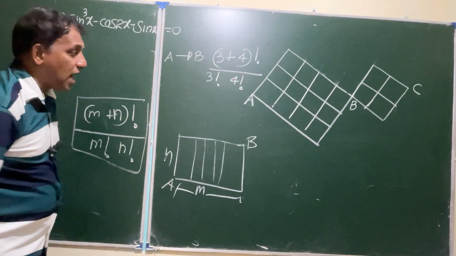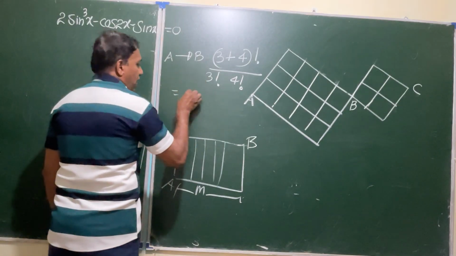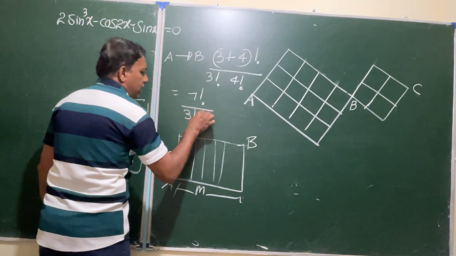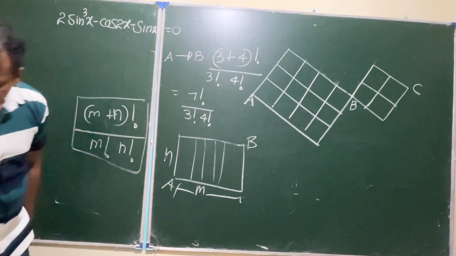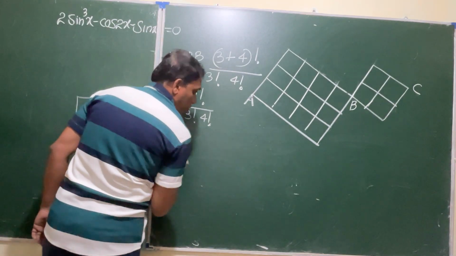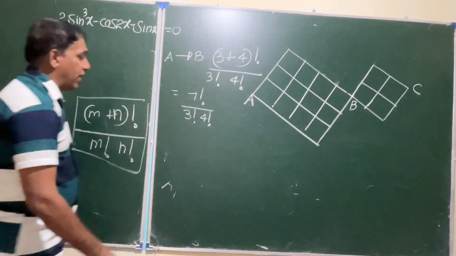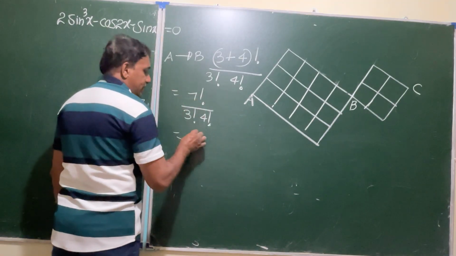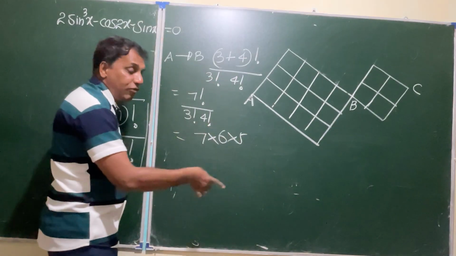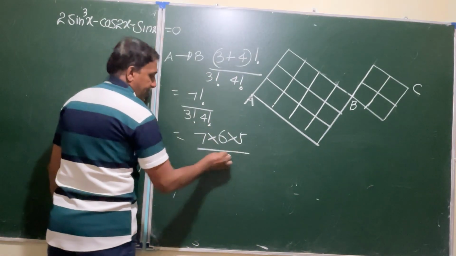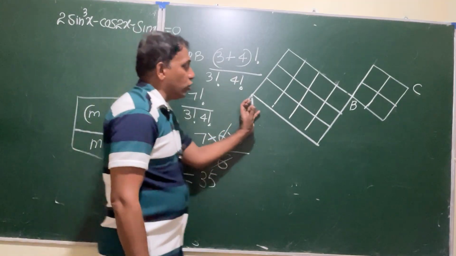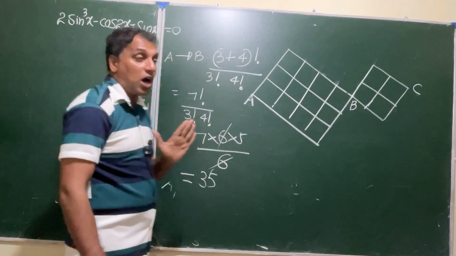Now simplify, get the answer. This is factorial 7 over factorial 3 factorial 4, right? What is the value? You know the simple way of simplifying factorials. This can be written as 7 into 6 into 5 into factorial 4, where factorial 4 cancels. Below is 6. Therefore 35 chances, right? From here to here, A to B, 35 chances.